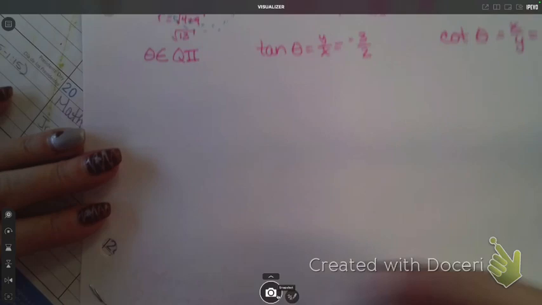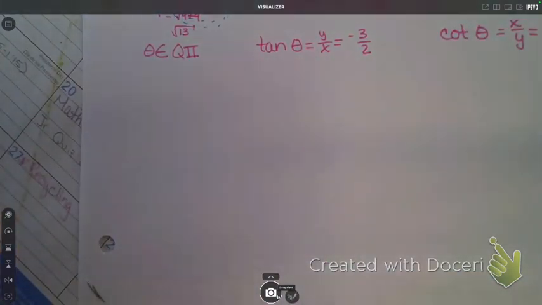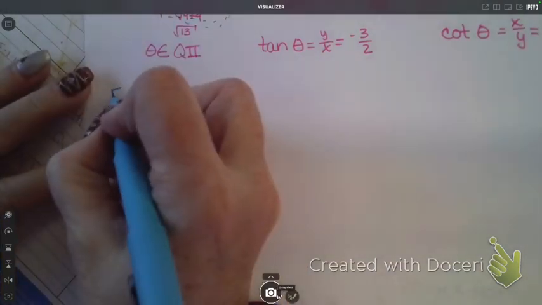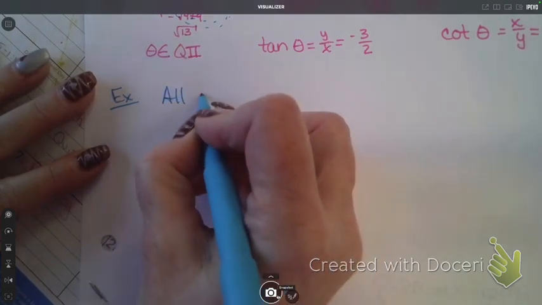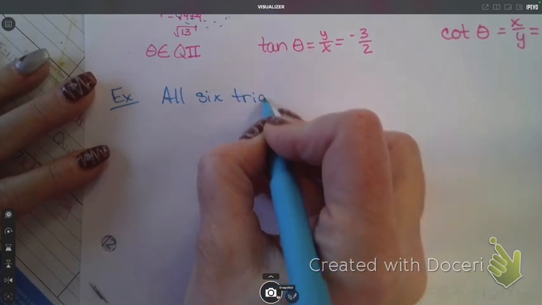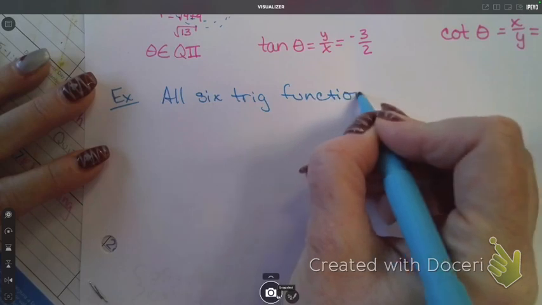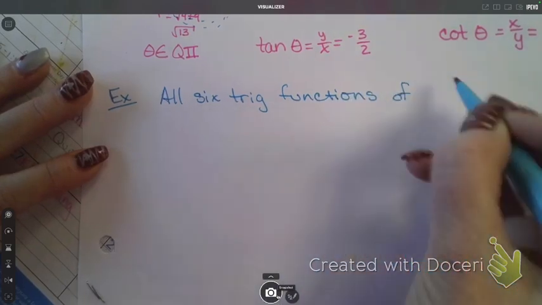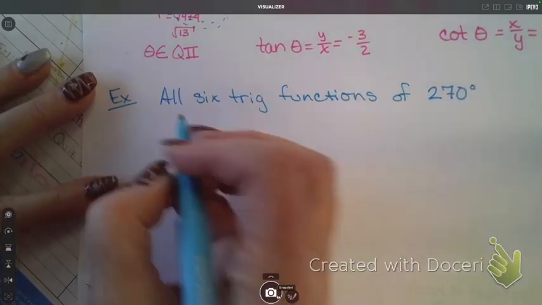Okay, so all 6 trig functions of 270. So the first thing I'm doing, I'm going to draw me a little picture.